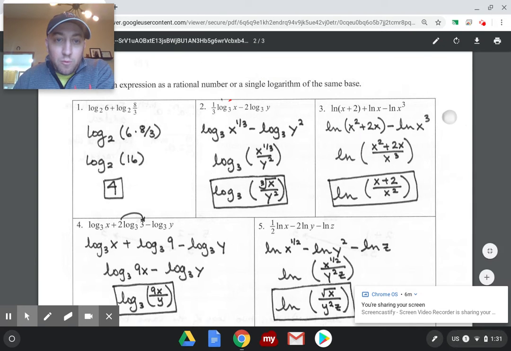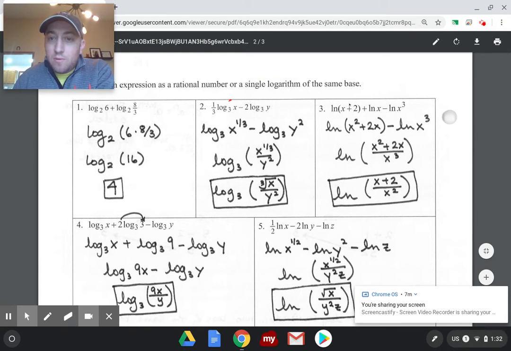So here they brought the 1/3 inside, they brought the 2 inside. So now I have x to the 1/3 and y squared. And to be able to combine those two logarithms and condense it, the base has to be the same, which it is, 3 and 3. And then since there's a minus sign here, that means I'm going to divide my two arguments. And that's exactly what they did.